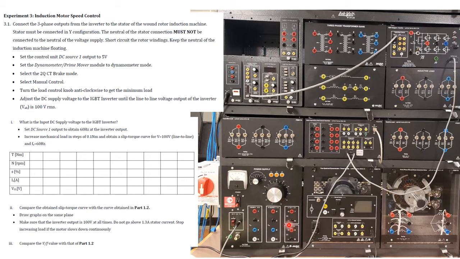You should connect this DC voltage to the inverter. You already connected the inverter to the control unit, and ground to ground. You should keep it. Then connect the three-phase output of the inverter to the stator input of your induction machine.